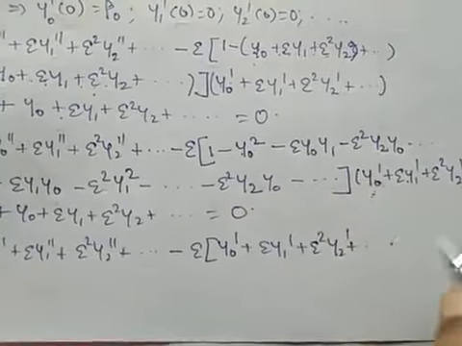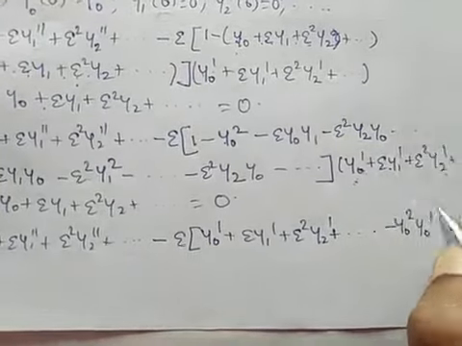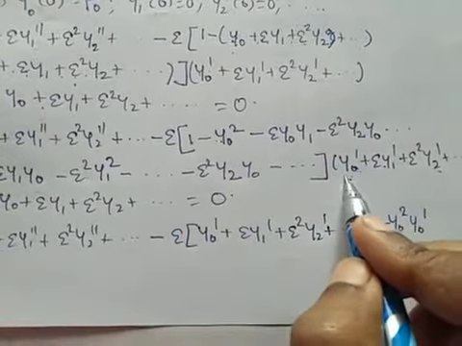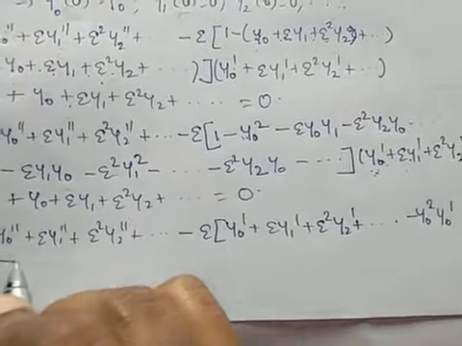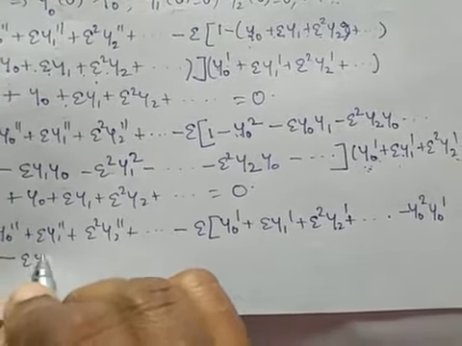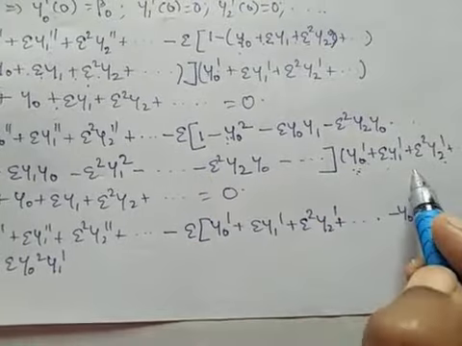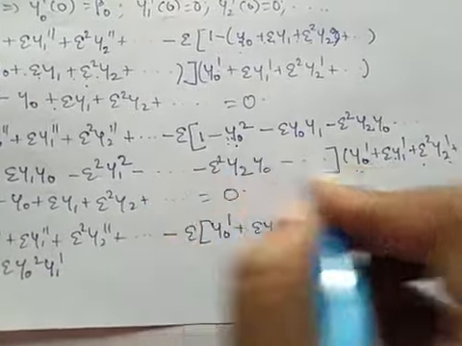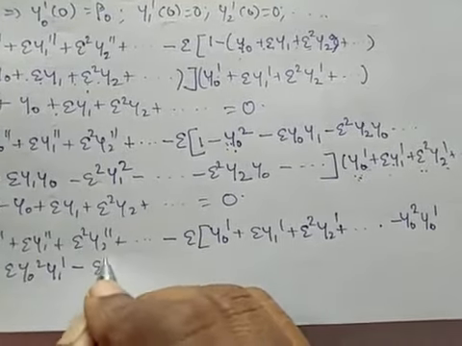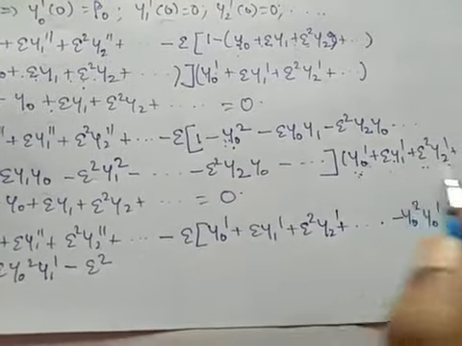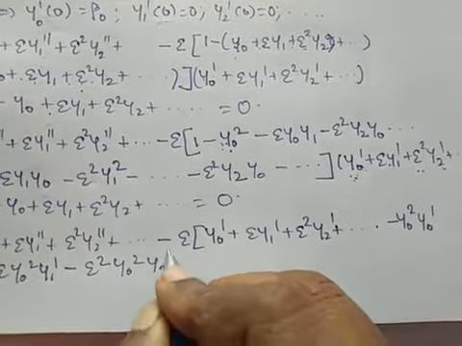We will get minus epsilon y0 square into y0 dash, minus epsilon square y0 square into y1 dash, and epsilon square into epsilon gives higher order terms. Therefore, minus epsilon square y0 square into y2 dash.